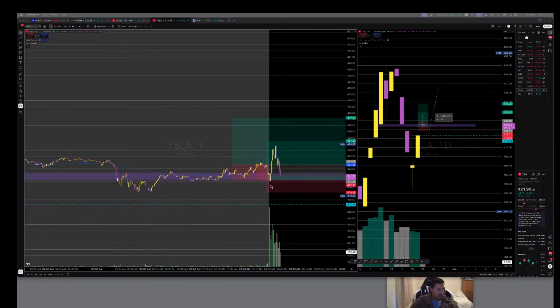Not necessarily buy here, but kind of fake down and then get bought up. So get below this purple rectangle, grab some liquidity from down here, come on, and then we'll get in with 3 contracts.